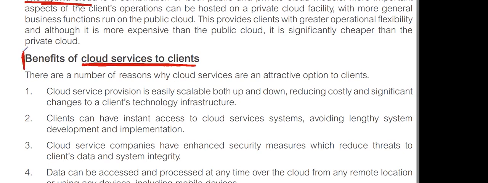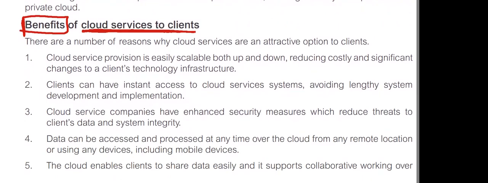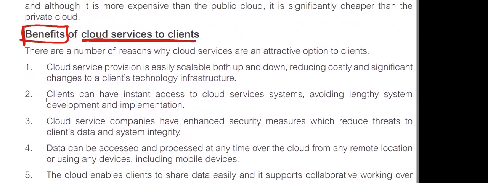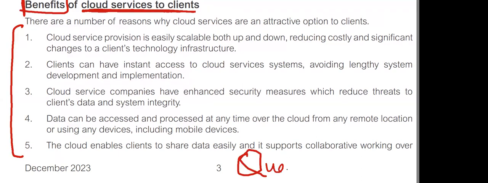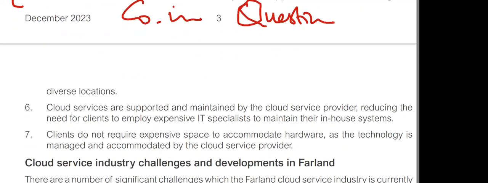What are the benefits that the clients can get? Those have been talked about here. Now, this is potentially some information that you would then have to relate with the company in question. With the company that you would have been given, you would have to relate it with that information.